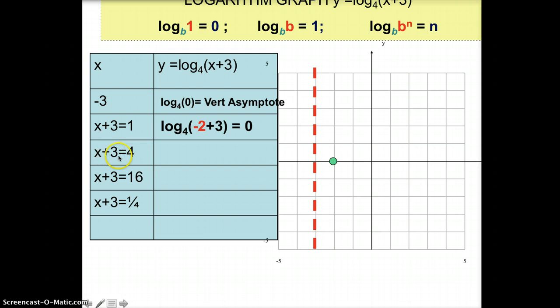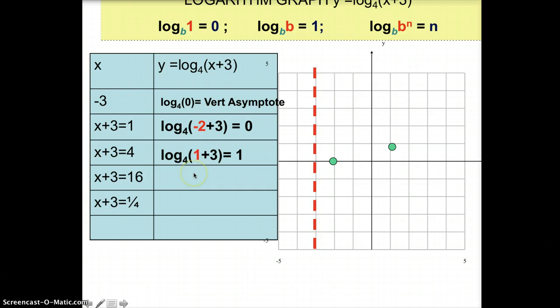Next, I take x plus 3 and set it equal to 4. In order to do that, I'm going to have to subtract 3 from both sides, and that would give me x equals 1. So I put a 1 in here. And when I get the log base 4 of 4, I get 1. This is the point then, 1, 1.